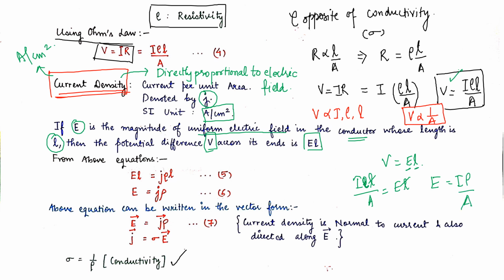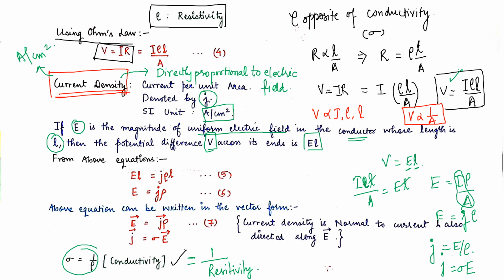Okay, now I upon A is J, so E equals J into rho. Now the value of J will be E upon rho, which can be written as J equals sigma into E. 1 upon rho is equal to sigma, which is conductivity. Okay, conductivity equals 1 upon resistivity.